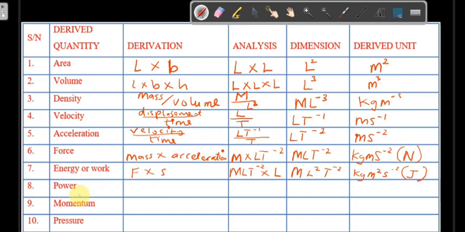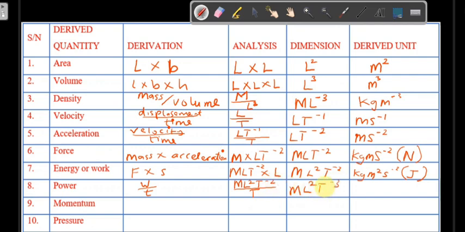Next is power. Power is work or energy divided by time. We already know the dimension of energy as ML squared T minus 2, divided by T. So this becomes ML squared, then you see T minus 2 divided by T, that is minus 1 minus 2, which gives us minus 3.